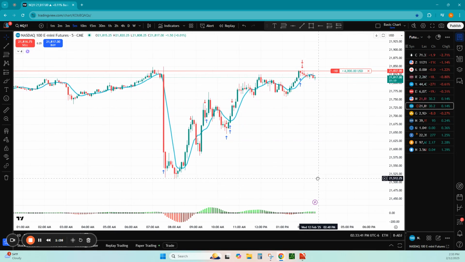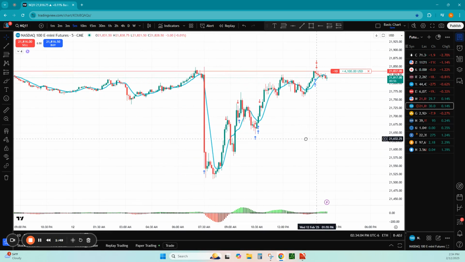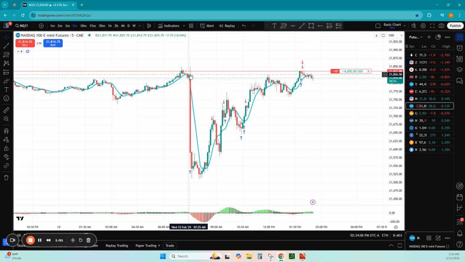Well, let's just state the obvious first. The obvious thing that I see is a huge red bar after the CPI news came out, and then a push right back up all the way to where the news came out, basically.